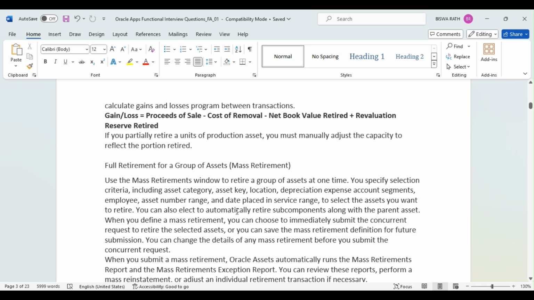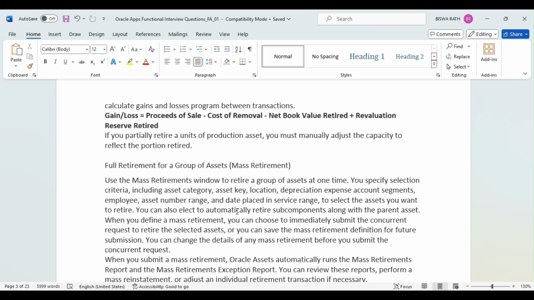So the gain and loss would be like the proceeds of sale minus your cost of removal minus your net book value retired plus your revaluation reserve retired. So it is as simple as that. Whenever your gain or loss is calculated, the proceeds of sale, if you're selling any kind of assets, and the cost you have incurred for the removal of the asset, have to be subtracted, and the net book value of that asset has to be subtracted as well.